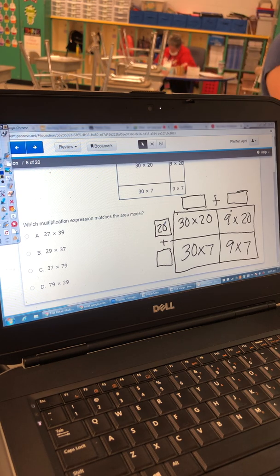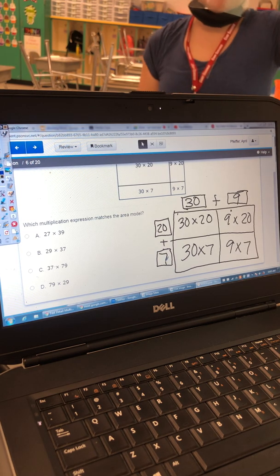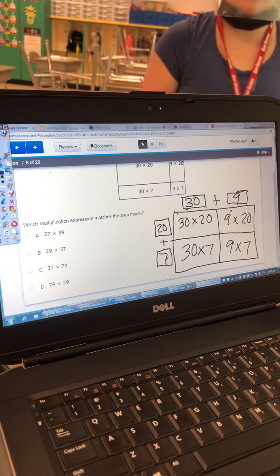What's my common number on these two boxes? 30. So my 30 is gonna go here. What's my common number on this box? 9. What's my common number on this box? 7. Because remember, we're multiplying across and multiplying down. So we have 30 plus 9 and 20 plus 7.